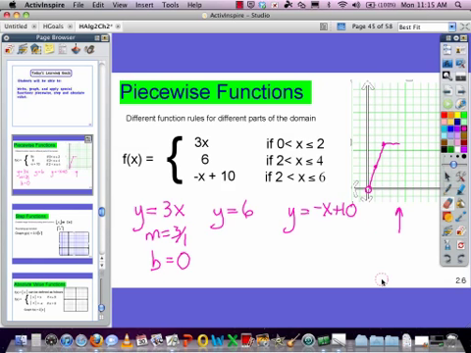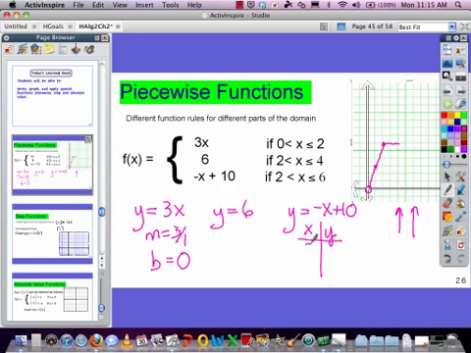Then we look at our third and final one. Our line has to fall between 4 and 6. So down in this area, all the portions of the line that fall between 4 and 6 would be what we need to graph for this example. So y equals the opposite of x plus 10. A good choice for some people in this case is to graph those extremes, those x values that fall on the extremes.